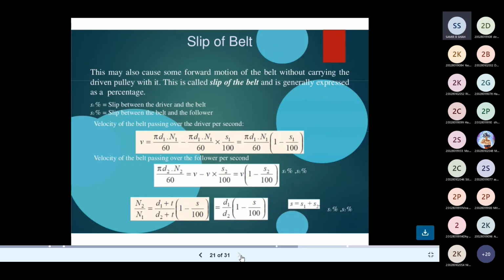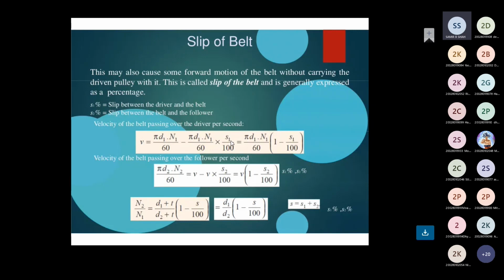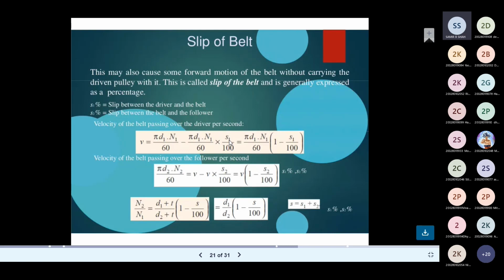Due to the slip between the driving pulley and the belt, the velocity of the belt passing over the driving pulley will reduce. So the velocity of the belt passing over the driving pulley per second is pi d1 n1 by 60 minus the velocity multiplied with the slip of the driver.